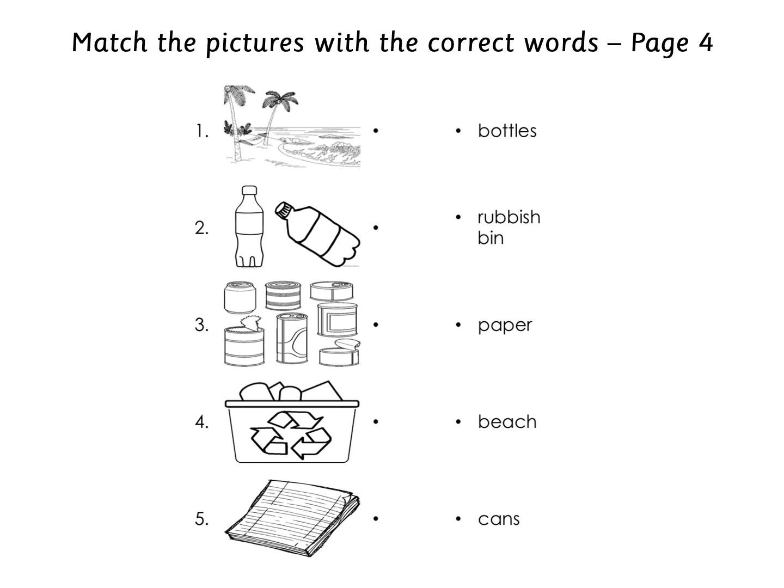Are they bottles? Is it a rubbish bin? Is it paper? Is it a beach? Or are they cans? Yes, it is a beach. So you are going to match the picture with the words.